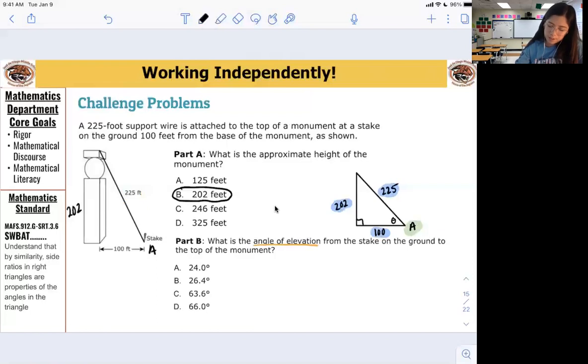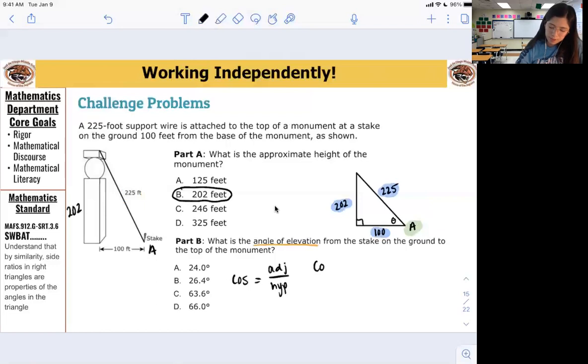Sine, cosine, or tangent? Who can tell me which one this is? Adjacent over hypotenuse. It's cosine. Okay, let's use cosine.